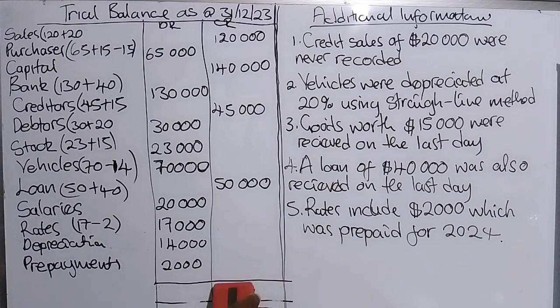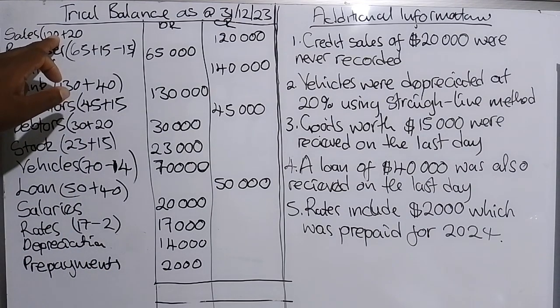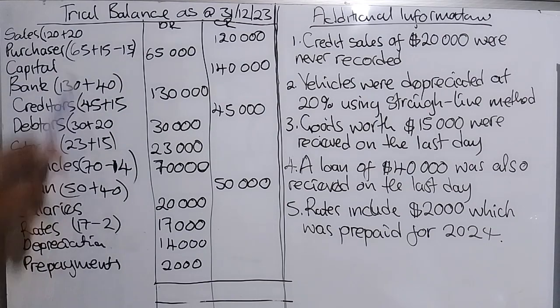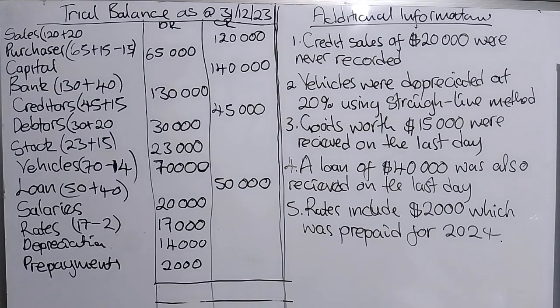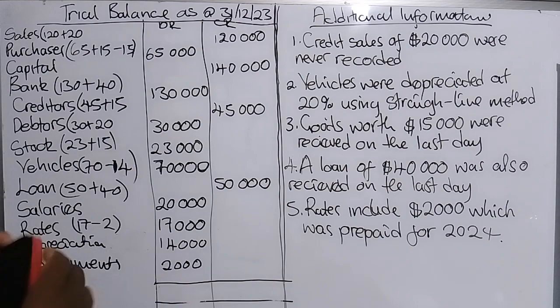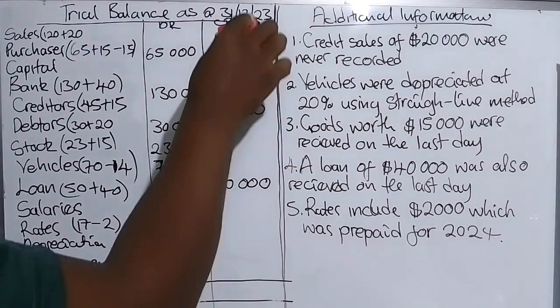So let's see how our trial balance is supposed to balance. The first figure for sales was increased from 120 to 140. 120 plus 20 gives us 140.